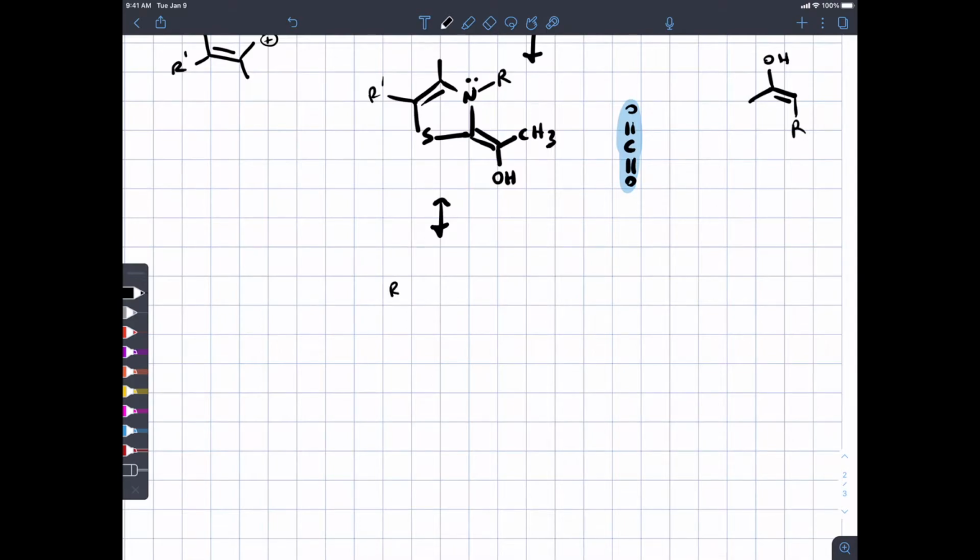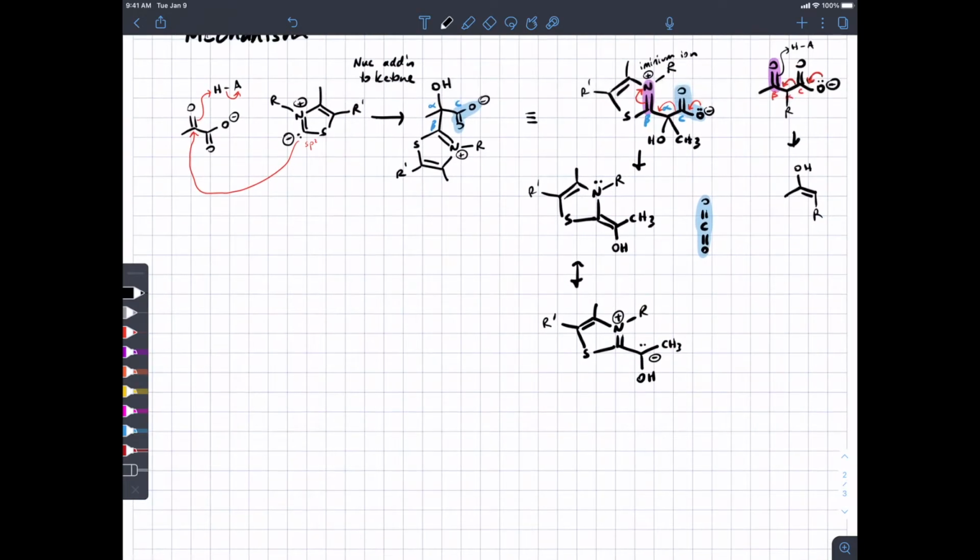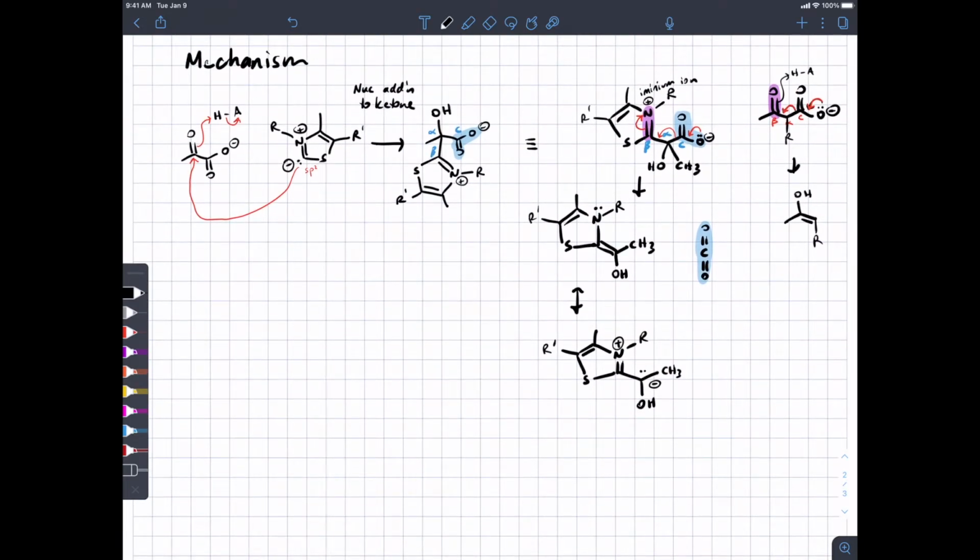We can draw it like this. And in that resonance structure, you have a lone pair on what used to be the ketone carbon.